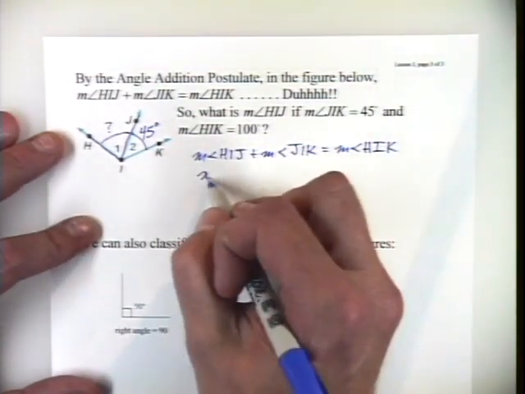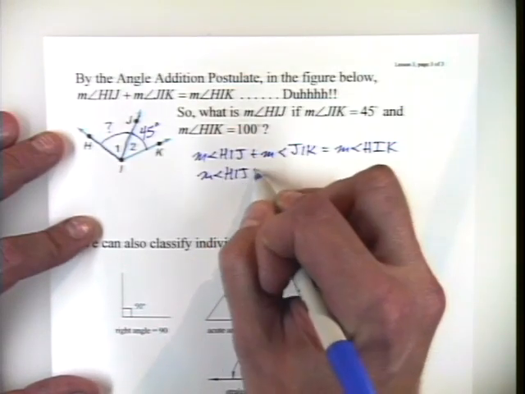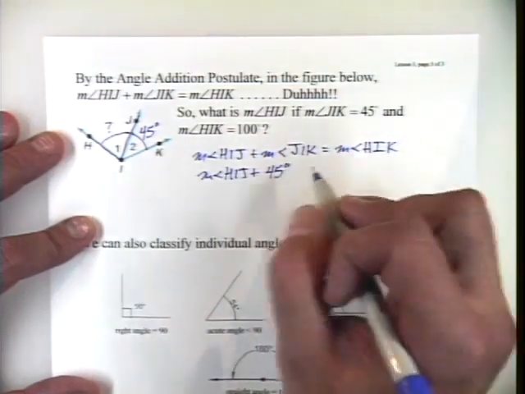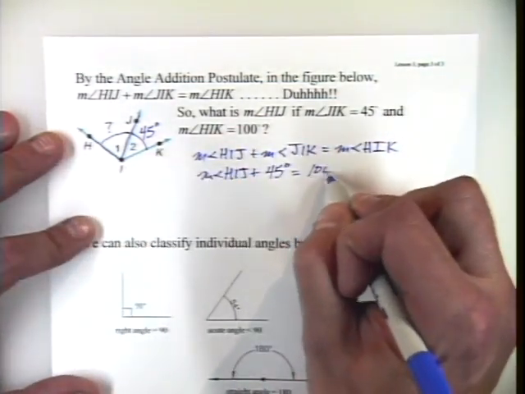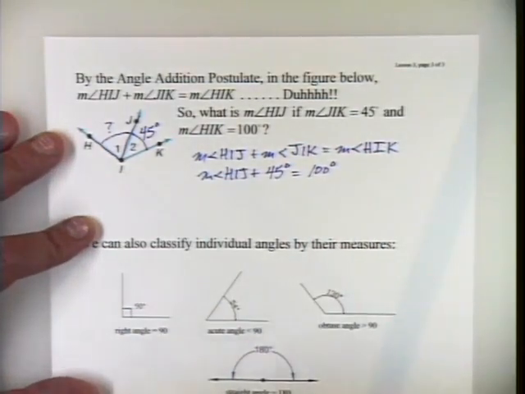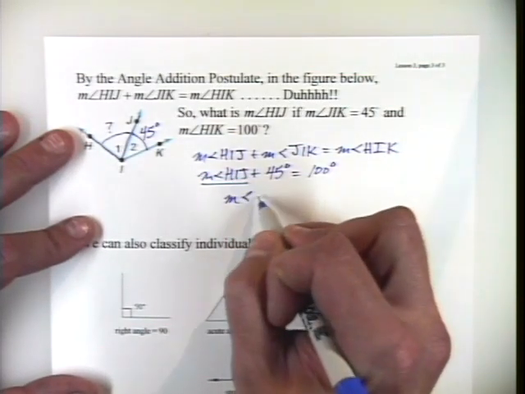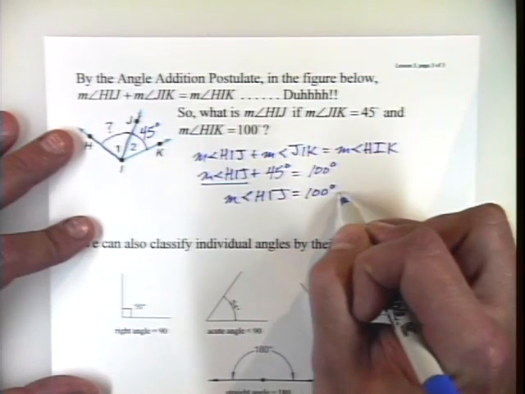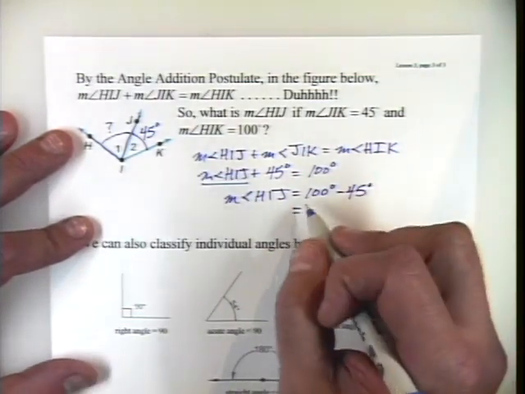The measure of angle HIJ, well, that's what it's asking, so I'm just going to leave it as that, plus the measure of JIK, that was given as 45 degrees, and that equals the entire measure, which is 100 degrees. So this is really algebra, but instead of calling this x, we're just going to keep it as our unknown quantity. I subtract 45 from each side, and I get the measure of angle HIJ is 100 degrees minus 45 degrees, which is, of course, 55 degrees.